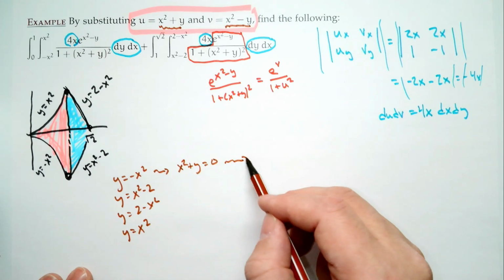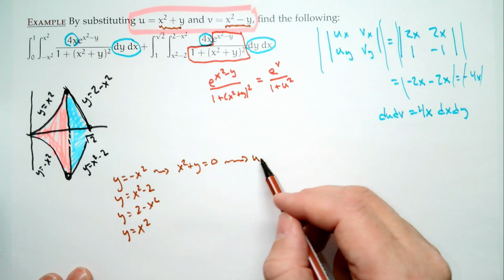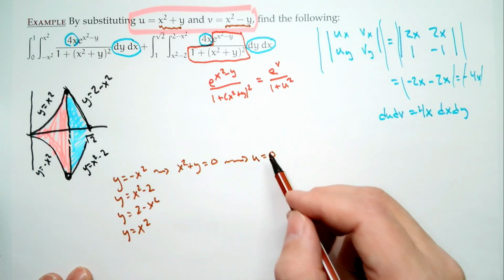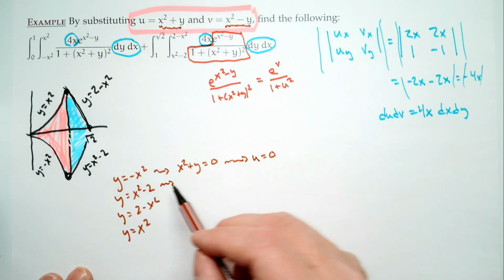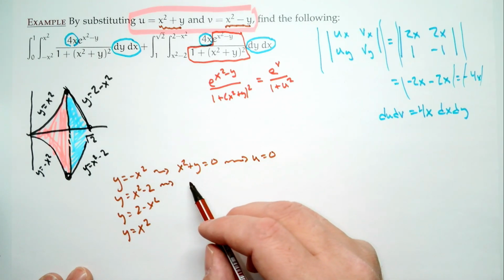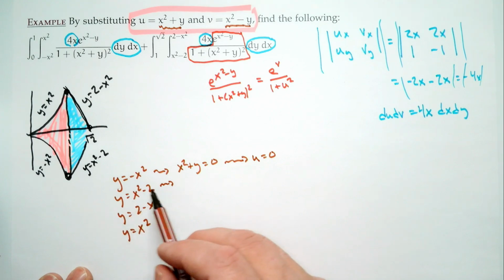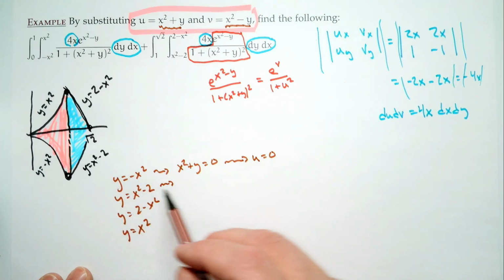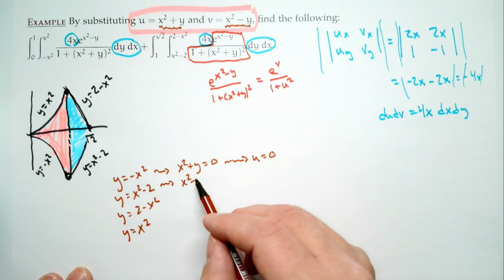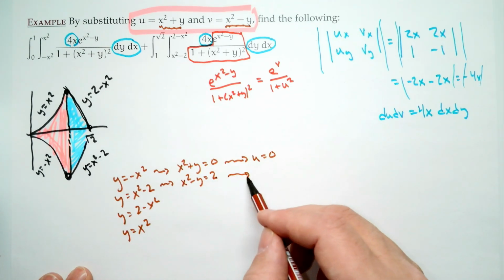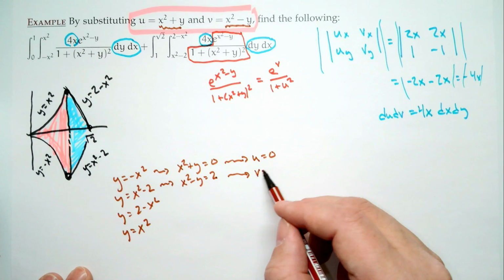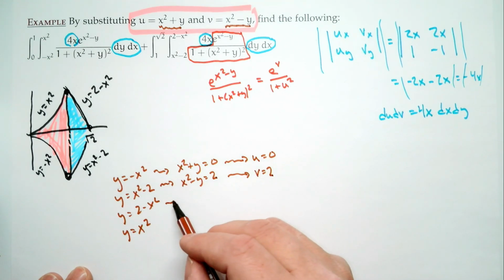What does that tell us? u equals 0. Okay, how about this one? y equals x squared minus 2. Yeah, we can move the 2 and the y, have them swap places. x squared minus y equals positive 2. So what does that tell us? v equals 2.